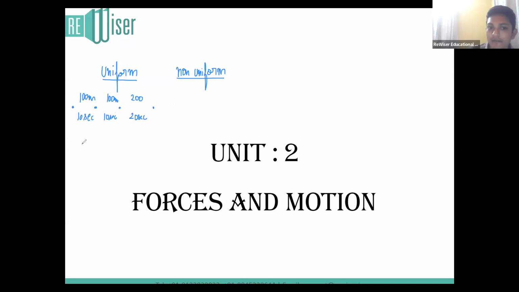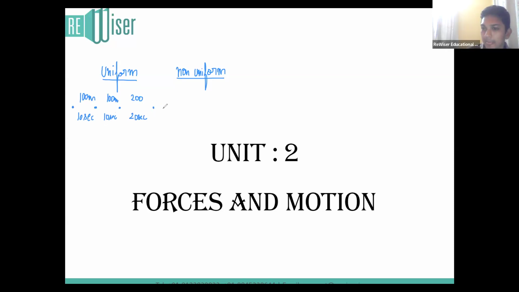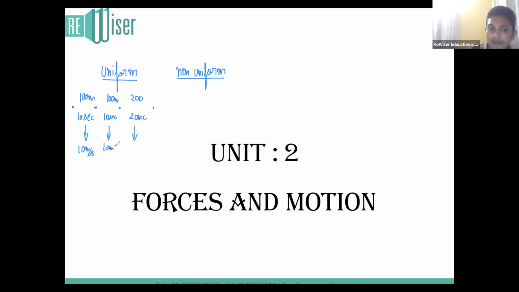Is it still uniform? Yes, it is still uniform, correct. 500 meters in the next 50 seconds? Yes. If you notice, the distance covered per unit time is the same in all these three cases. It is 10 meters per second, 10 meters per second, 10 meters per second, correct?